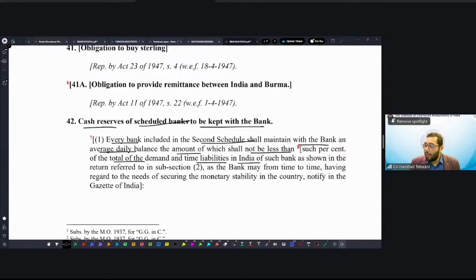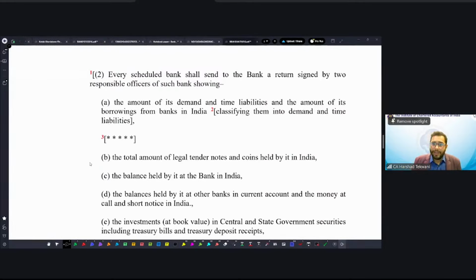The banks are required to submit this report to the RBI. For example, the Act provides that every scheduled bank's return is signed by two responsible officers. If you are an auditor, you have to see whether it is signed by the two responsible officers.